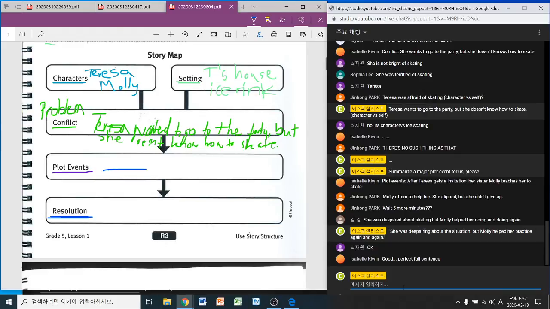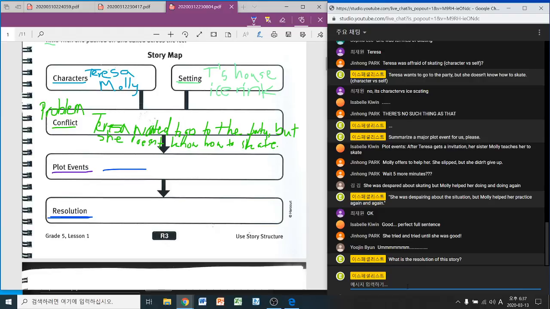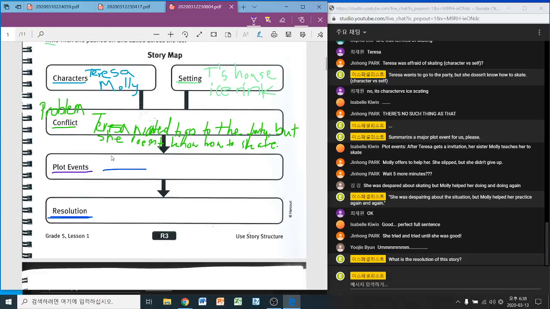What is the resolution? What is the resolution of this story? Okay. And Hiri also. You write it. Not me.